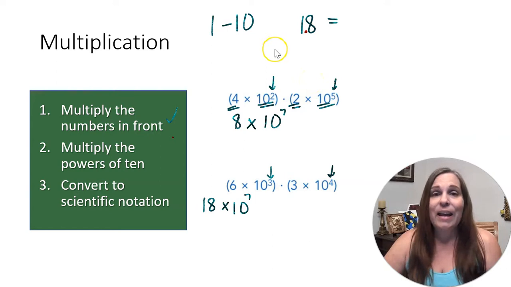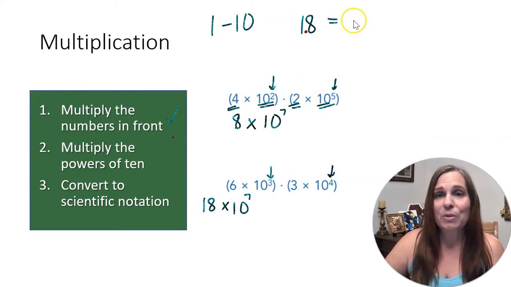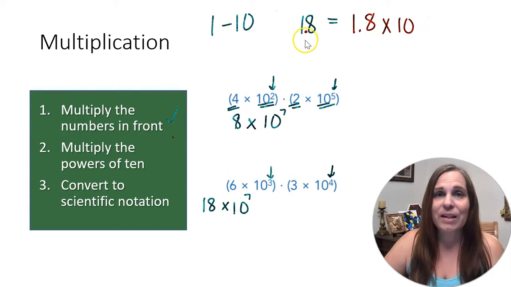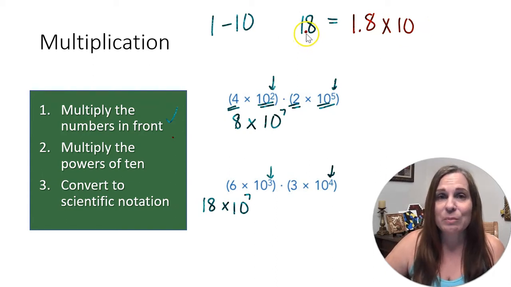Then I have to write my number. So I'm going to write 1.8 times 10. And now I have to figure out the exponent. The exponent is how you move the decimal to get it back where it started. So remember, when a number doesn't have a decimal, that means that there actually is one at the end of the number.